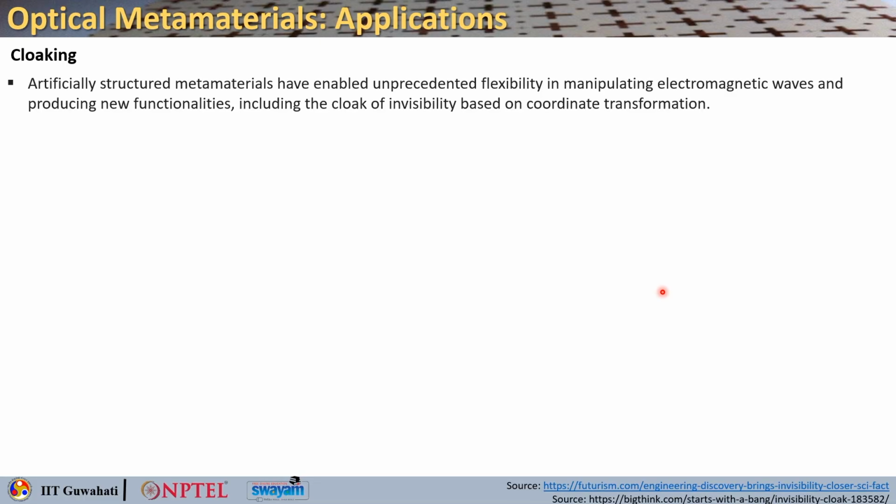So, with that we move on to the next application of optical metamaterials, which is also very exciting, and that is cloaking. As I mentioned in the previous lecture, artificially structured metamaterials have enabled unprecedented flexibility in manipulating electromagnetic waves, and they can produce new functionalities such as a cloak of invisibility based on a concept called coordinate transformation.